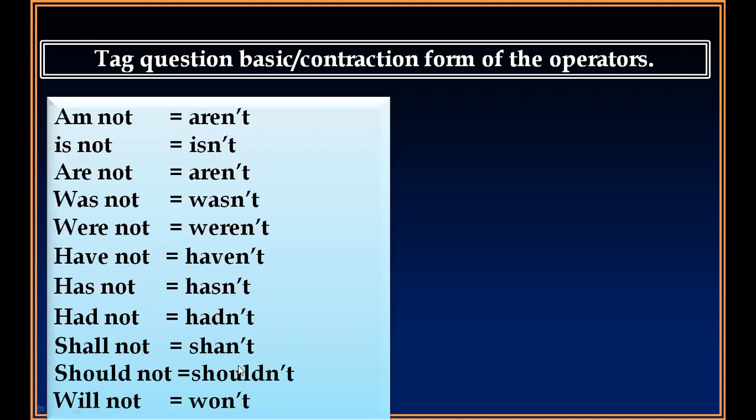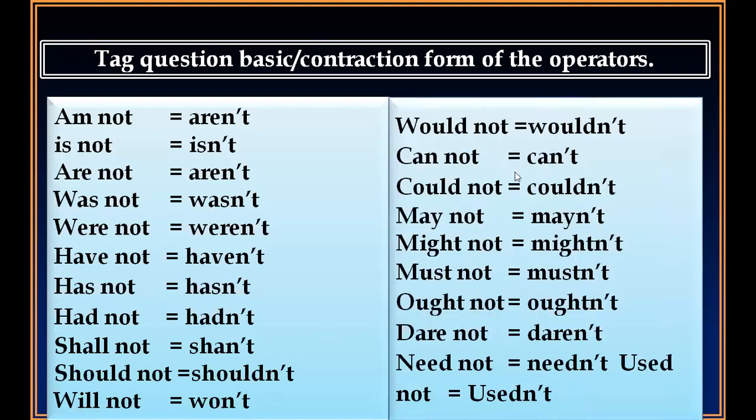That will be shan't. Look at the spelling, shan't, an apostrophe T. Should not, shouldn't, will not, won't, W-O-N apostrophe T. Would not, wouldn't, cannot, can't, could not, couldn't, may not, mayn't, might not, mightn't, must not, mustn't.